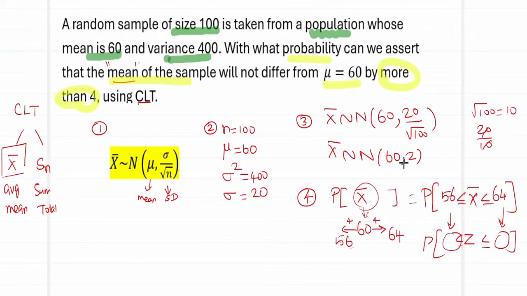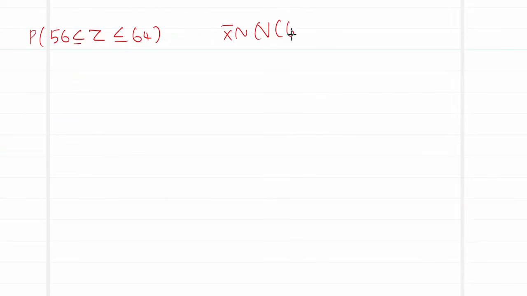So we have probability of 56 less than x bar less than 64. And what does our x bar follow? It follows normal distribution with mean. What is going to be the mean of the data? It is going to be 60 and the deviation is 2. So I take 56. You know the formula for z?